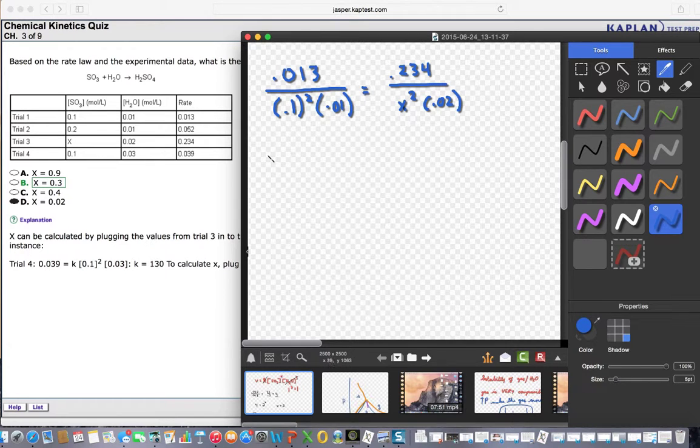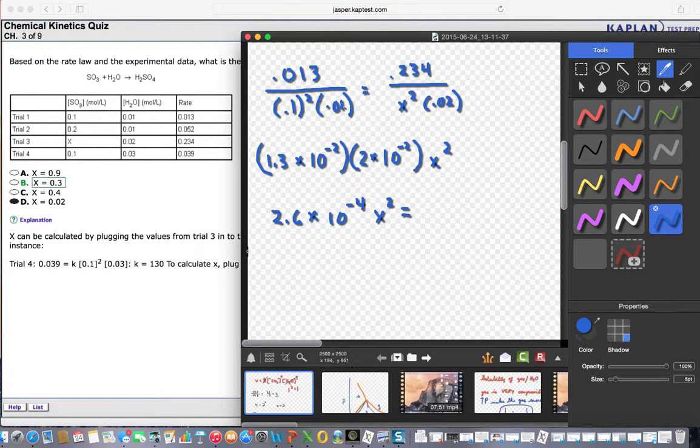So how about 1.3 times 10 to the minus 2 times 2 times 10 to the minus 2 times X squared. All I'm really doing is cross multiplying. And so this gives me 2.6 times 10 to the minus 4 X squared.